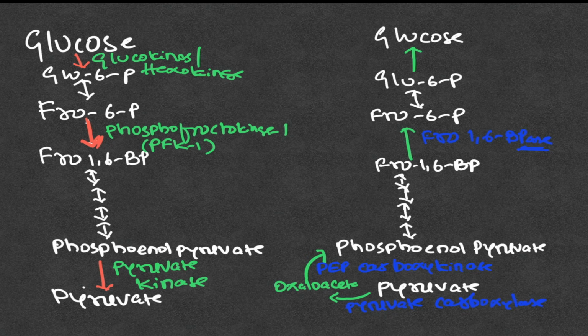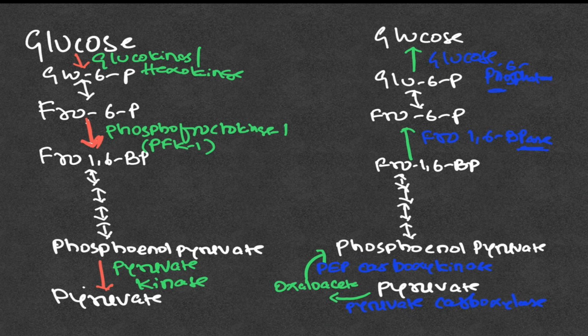Glucose 6 phosphate will be converted into glucose molecule by glucose 6 phosphatase. Phosphatase removes phosphate from the 6th carbon. So, glucose 6 phosphatase will take care of the reversal of the glucokinase/hexokinase step back into glucose.